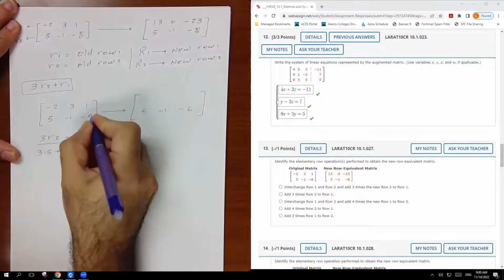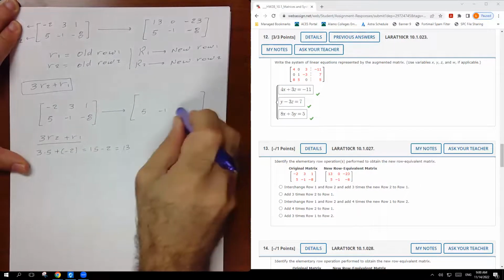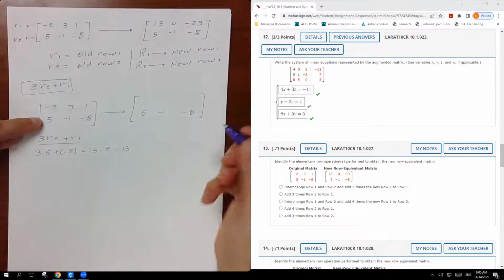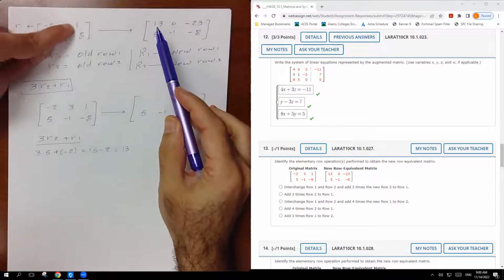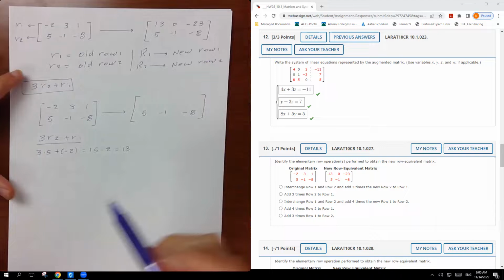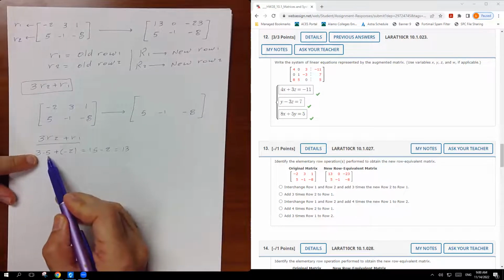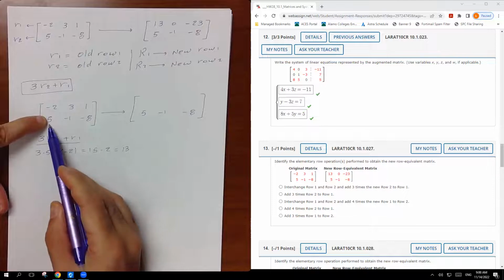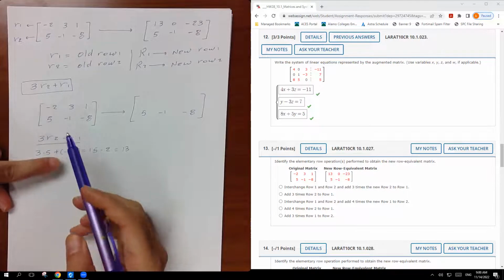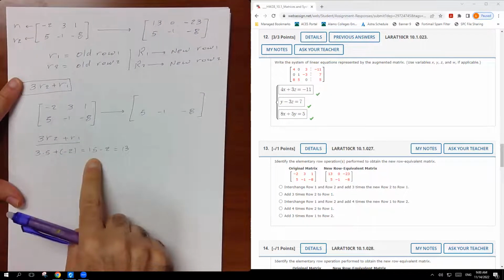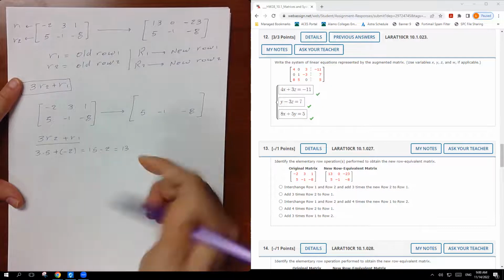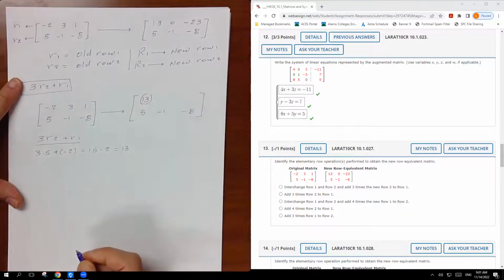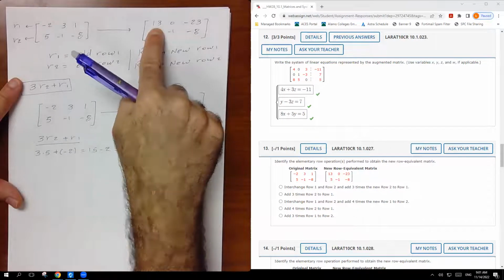So you see R2 is the same row, but R1 is a different one. So now if I multiply 3 times R2, which is 5, plus R1, which is -2, 3 times 5 is 15, minus 2 is going to be 13, which is the number here, exactly the same number here.